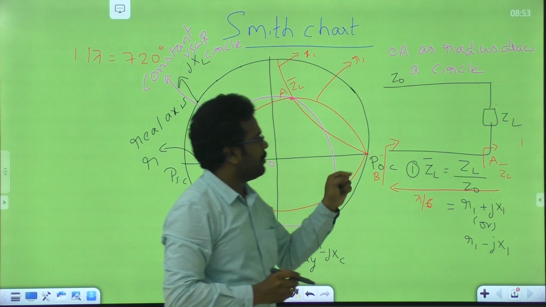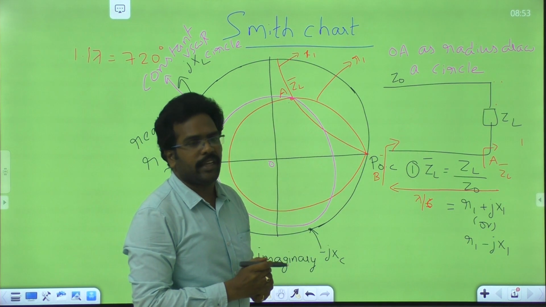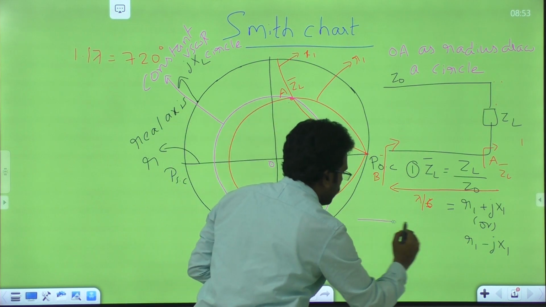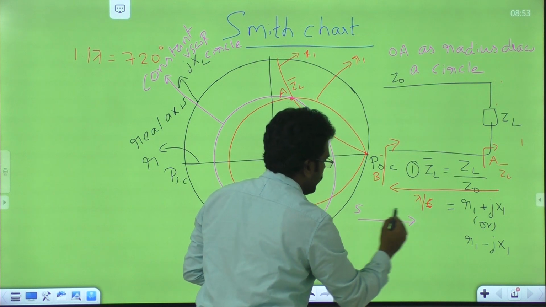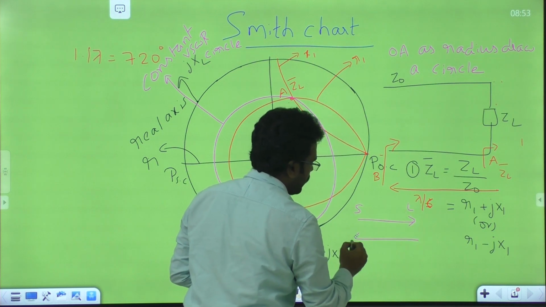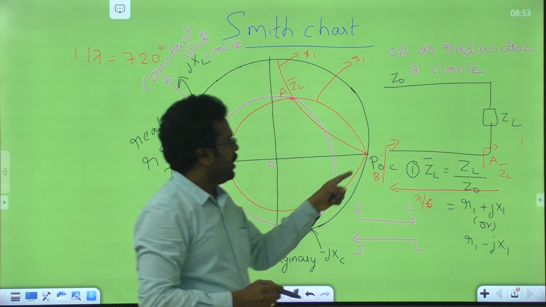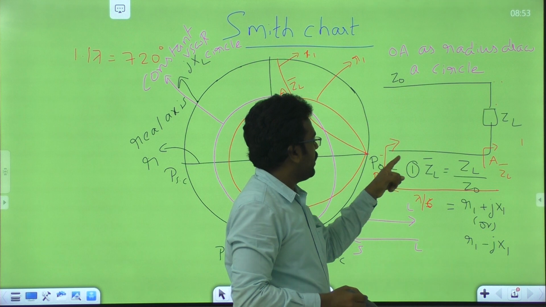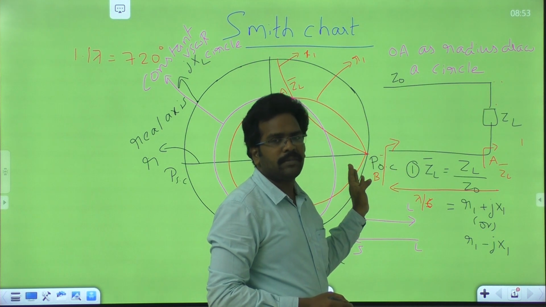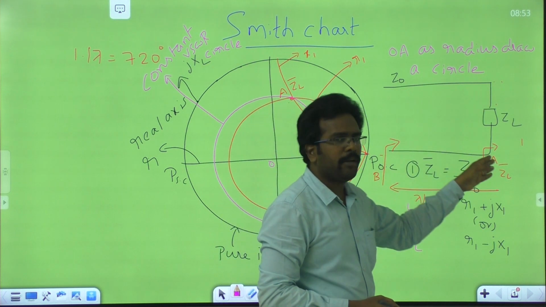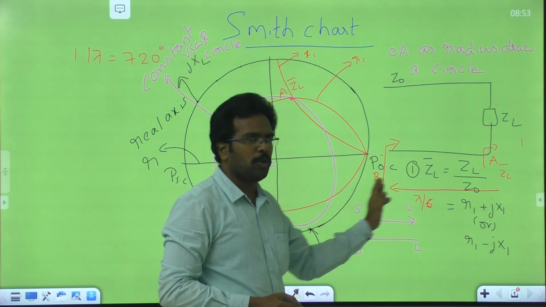Now there are two cases. Either I can move from source to load or I can move from load to source. If I know the B point impedance and want to know the impedance at the A point, I have to move from source to load.